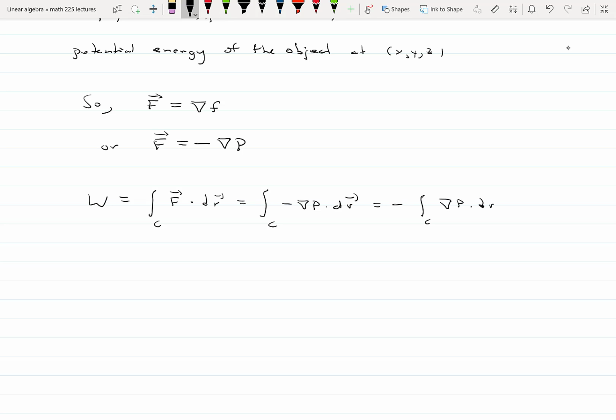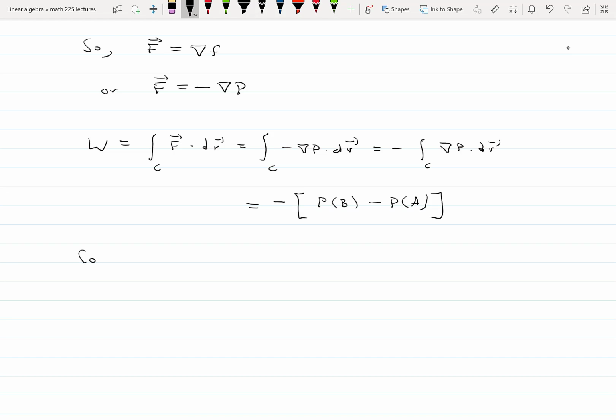Gradient of potential energy function dot dr. Now use the fundamental theorem of calculus for line integrals. What does the fundamental theorem for line integrals say? If you're integrating the gradient dot dr, then you just get the potential energy at the end point, the final point, minus the potential energy at the initial point.